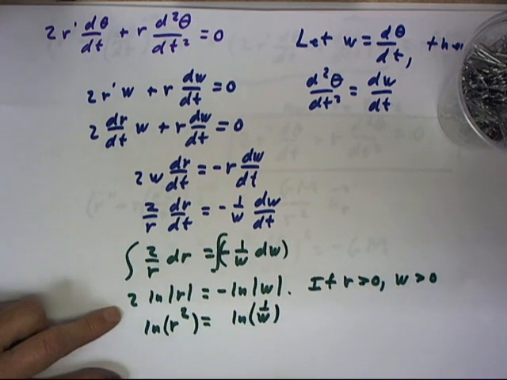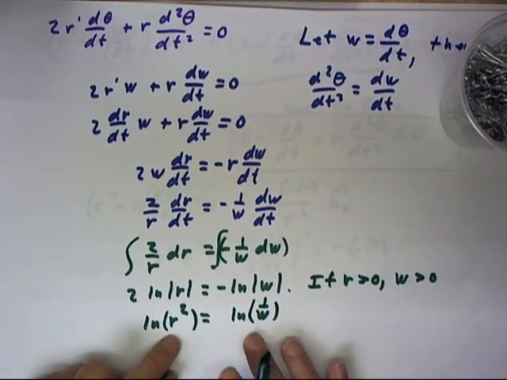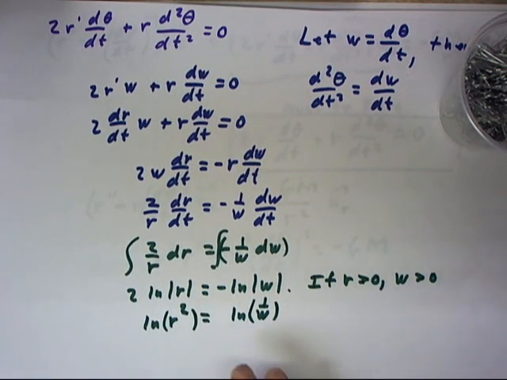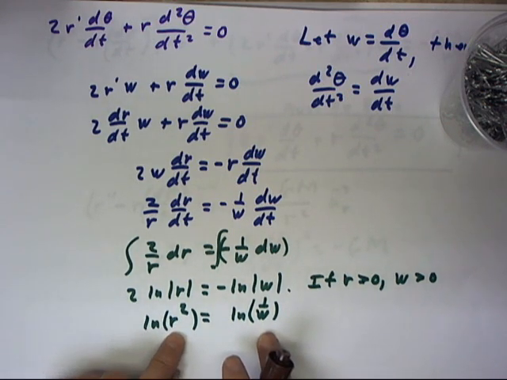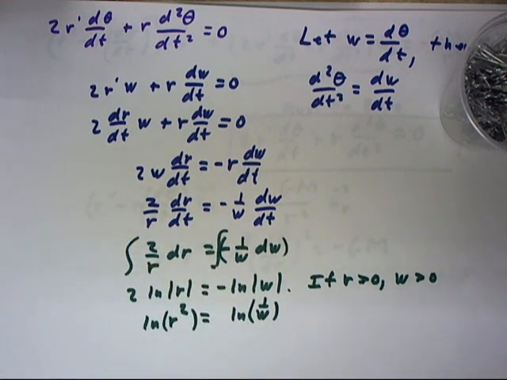And if you're not sure about those laws of logarithms and how they're related to the laws of exponents, you should consider reviewing this. But this follows from the laws of exponents by way of the laws of logarithms.